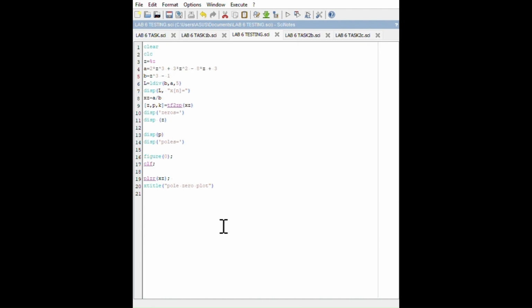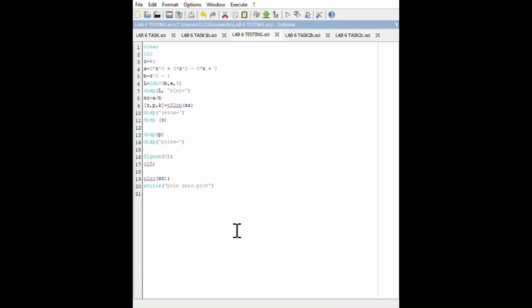Then below it, xz equals to a divided by b. This creates the rational polynomial transfer function. Zpk equals to tf2zp xz. It converts the transfer function tf into the zero pole gain form, which is written as zp.